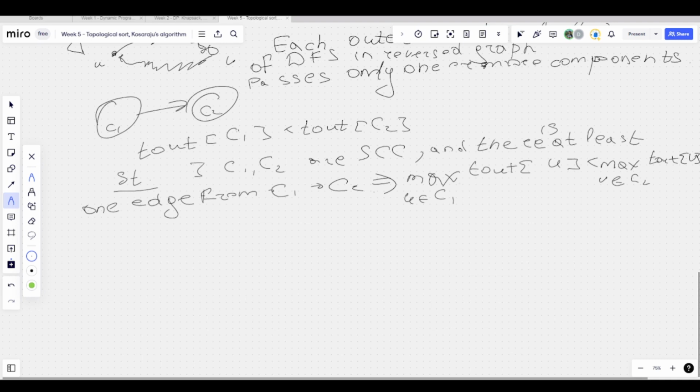Again we consider two cases. In this kind of proof, we consider the case where min tin of U is less than min tin of V, where V belongs to C2.